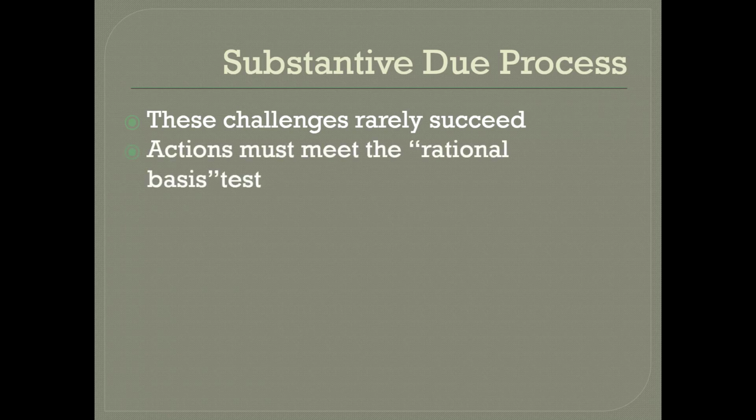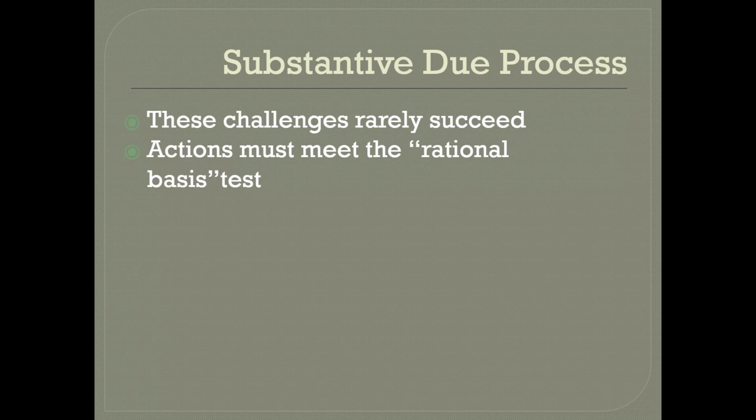In fact, I want to introduce now a new legal test, but this is the easiest test the government can meet under the law. Anytime a litigant challenges a governmental action under substantive due process, simply saying that they reached the wrong decision, the agency then has to defend itself, but in defending itself, it merely has to meet what is known as the rational basis test.